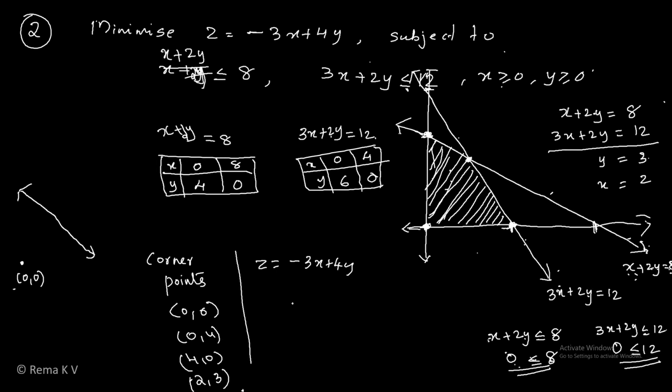Find the corresponding values of z. First one is 0. Second one, 16.